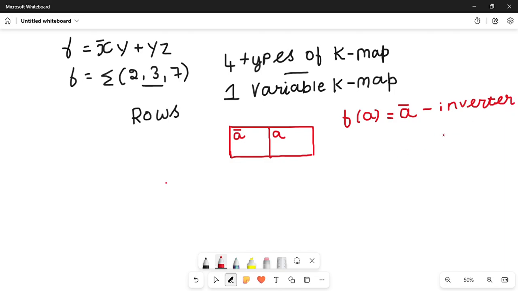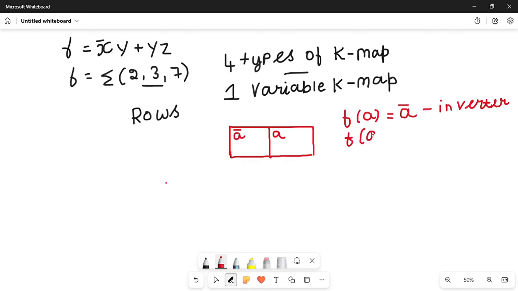Okay, I'll write it in a neat manner. I don't have any tools like a pen tab, so I'm using my mouse and writing it.